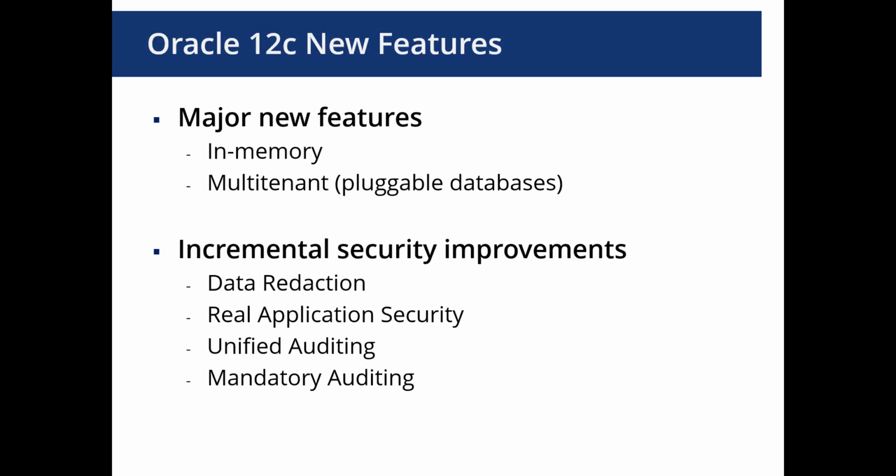The in-memory option, I would describe as a feature that allows you to have the benefits of not only a highly tuned database for online transaction processing, but also the pre-aggregation capabilities required for reporting against big data. Both of those net new features, we'll talk a little bit about multi-tenant later on.